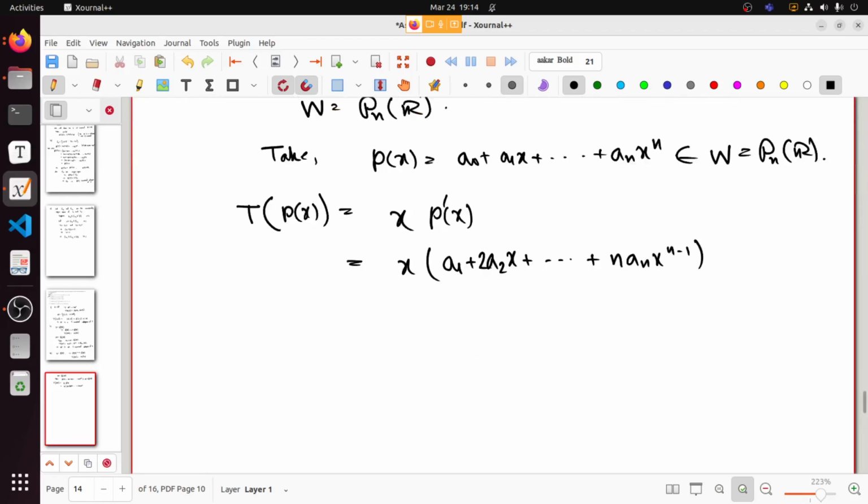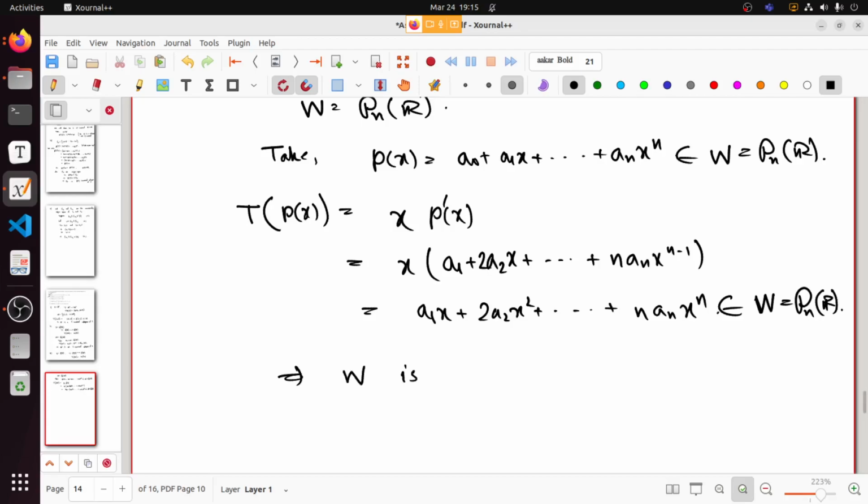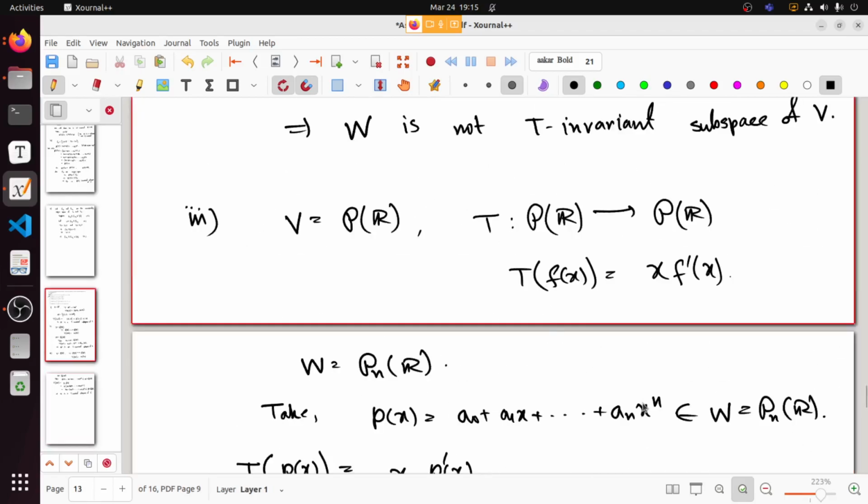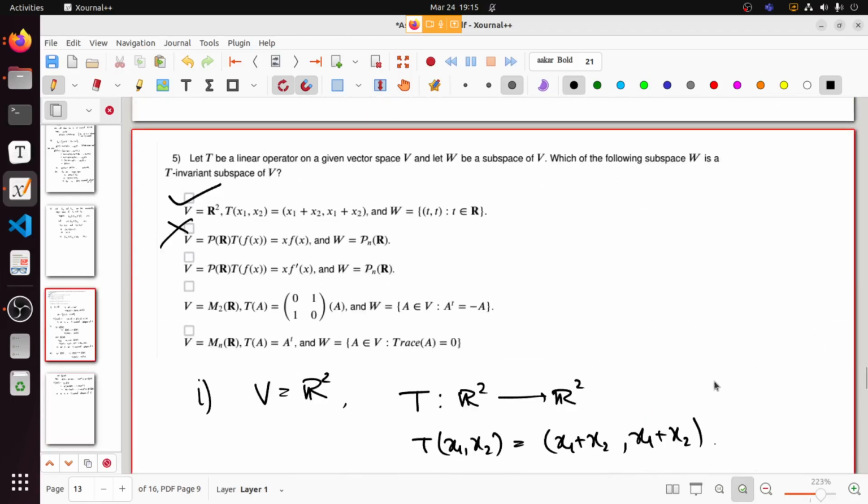So you multiply by x, then it is again an n degree polynomial: a1 x plus 2 a2 x square plus dot dot dot n an x to the power n. So which is in W. So which means W is a T invariant subspace of V. So option number 3 is also correct.